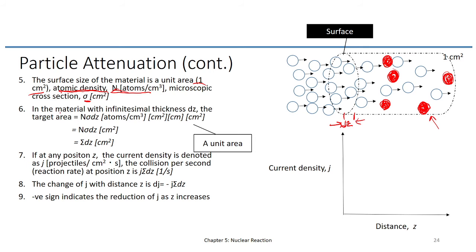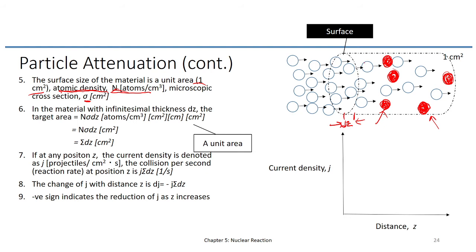So in the material, point number 6, in the material with infinitesimal thickness dz, the target area, this is the target nucleus.